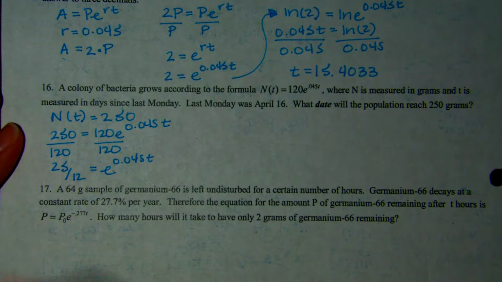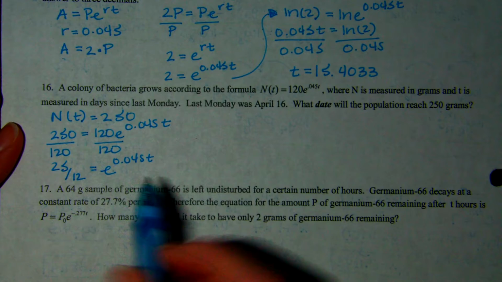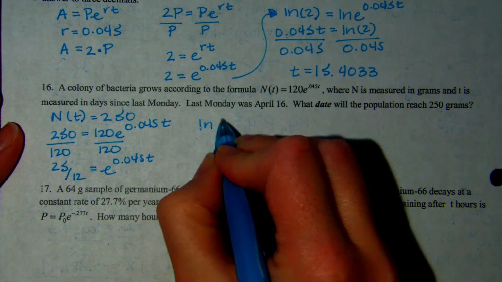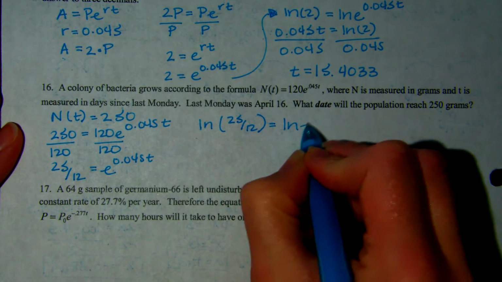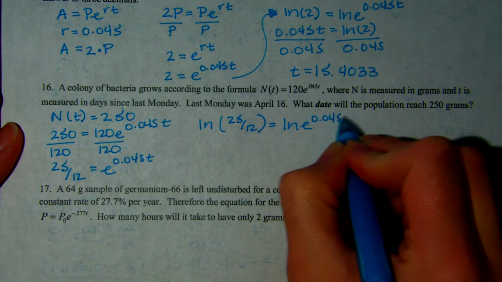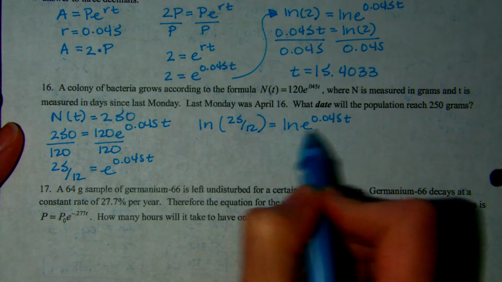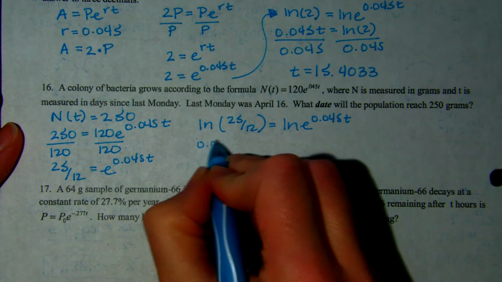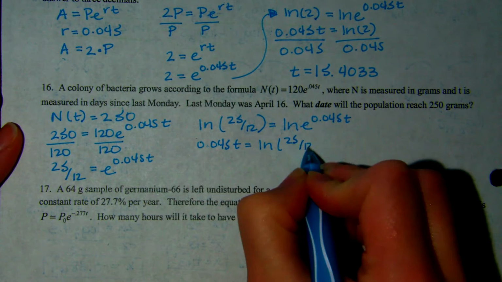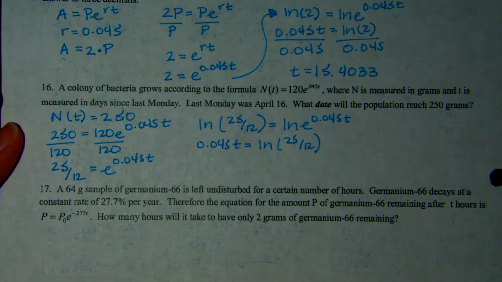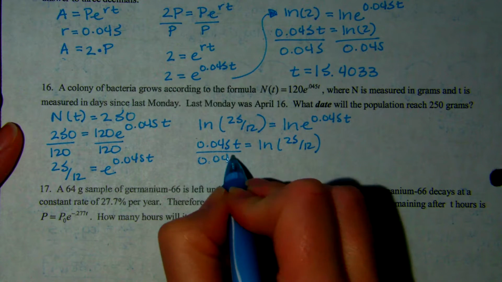Now take the natural log of both sides. This cancels out, and we just get 0.045t is equal to the natural log of 25 over 12. And we divide by 0.045.